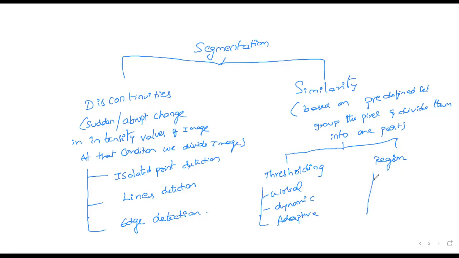In region based we have region growing, region merging, and region splitting. This is the way we can perform segmentation based on discontinuities and based on similarities.